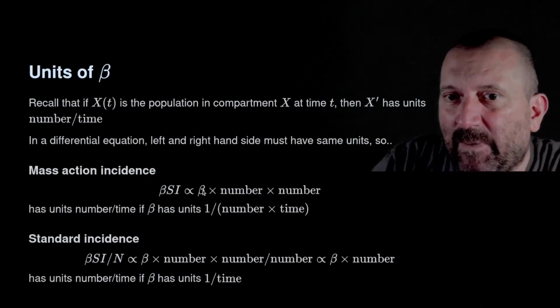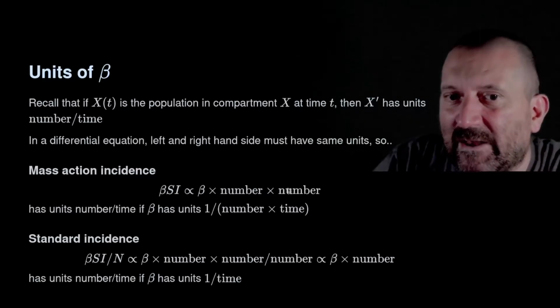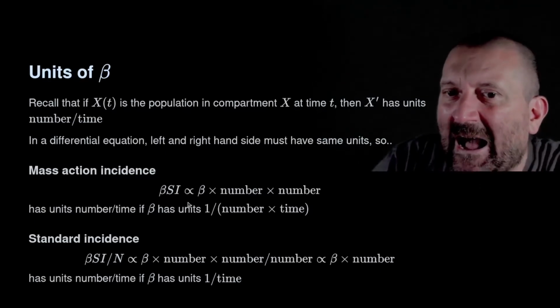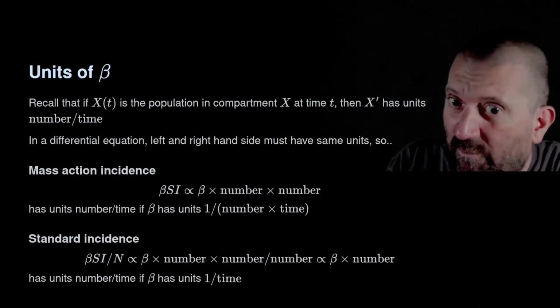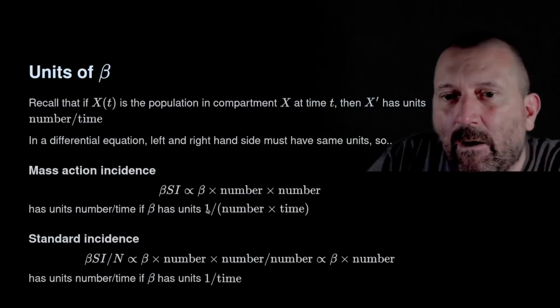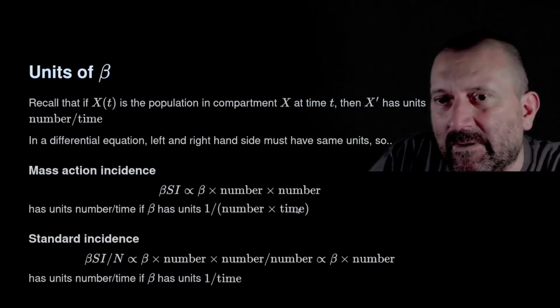Then I get that beta SI is beta times number by number. That means my units for beta have to be, I need this to have units number per time. So beta in this case must be per number per time.